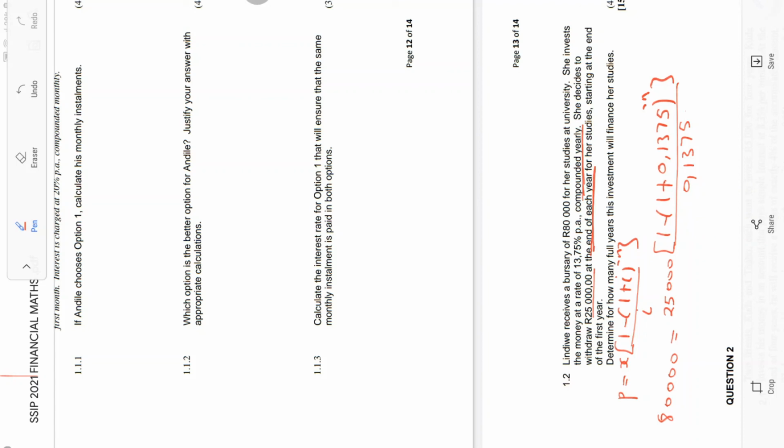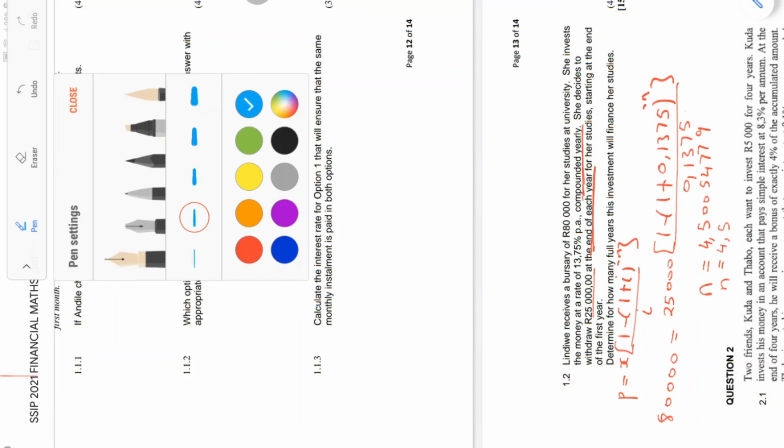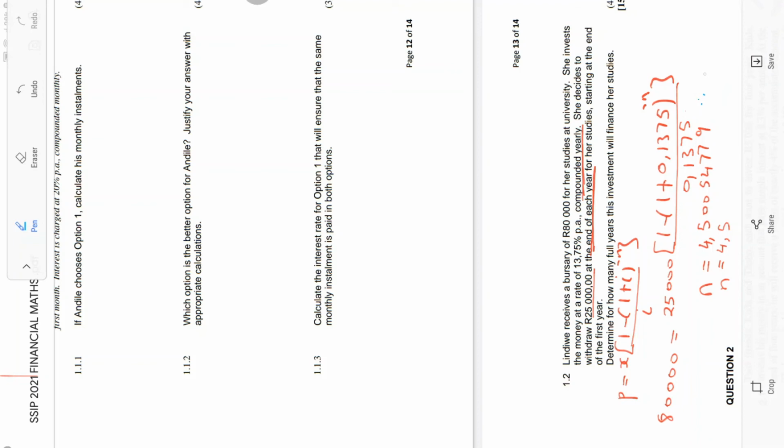I'll leave that as a challenge to you, but make sure that the n you get is 4.50054779. Of course, when you round off, it's 4.5. The question is asking for how many full years. So she'll be able to withdraw for 4 full years.